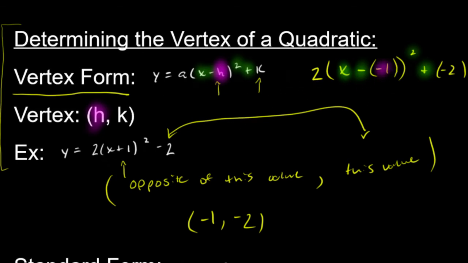And then the k is this value here after the plus sign. That's how you get a negative 2. You add negative 2. And that's how you get a plus 1. You subtract a negative 1. And that is where these values come from.